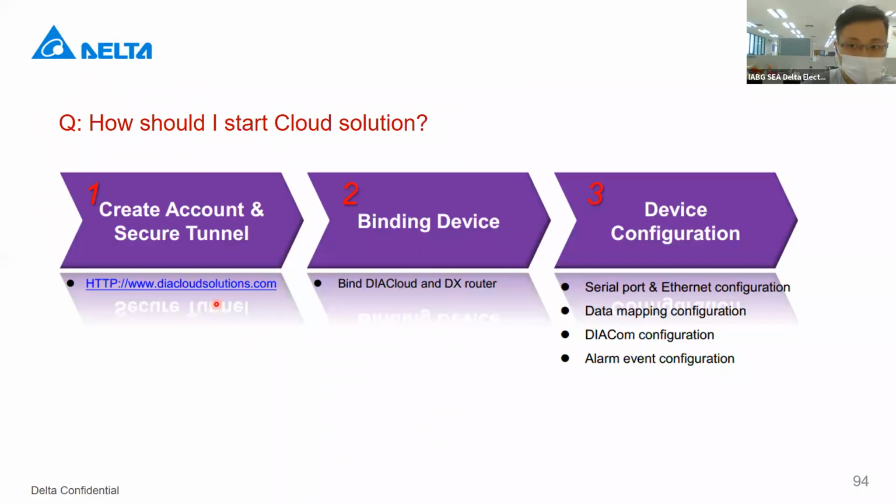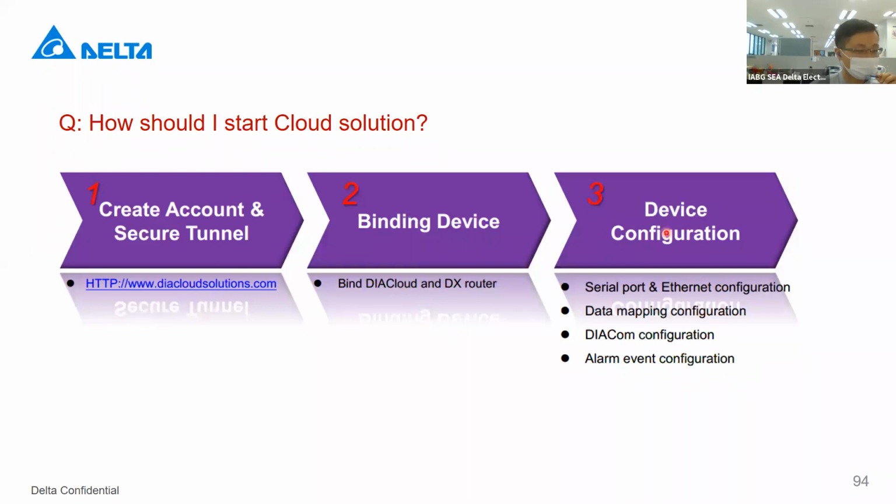Okay, and here are some frequently asked questions. First one, how should I start with the cloud solutions? It's very easy, 3 steps. First one is to register the account at the website deltacloudsolutions.com. Next, bind it with your device, the DX router, the hardware.